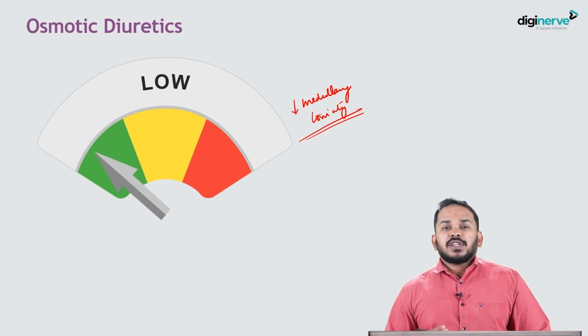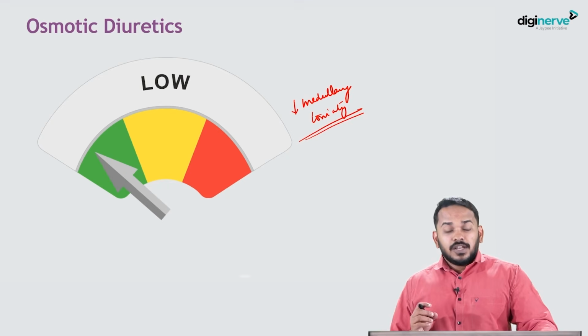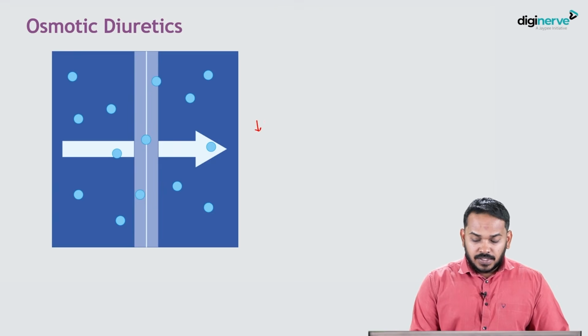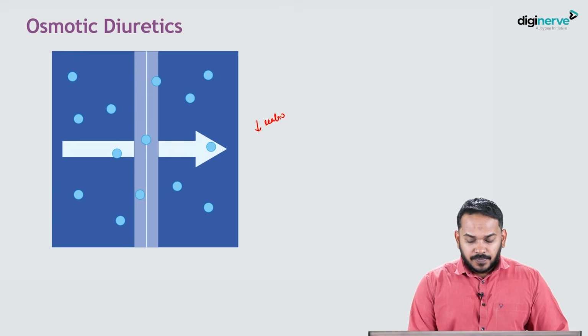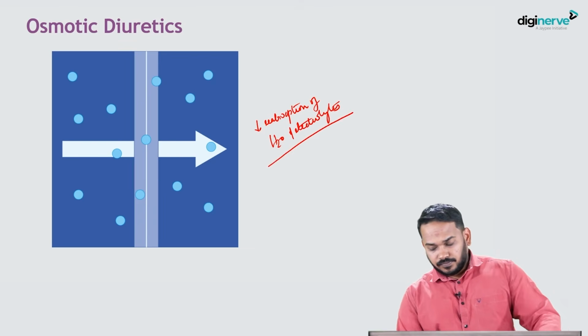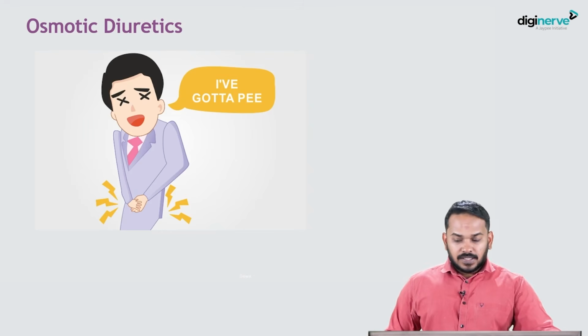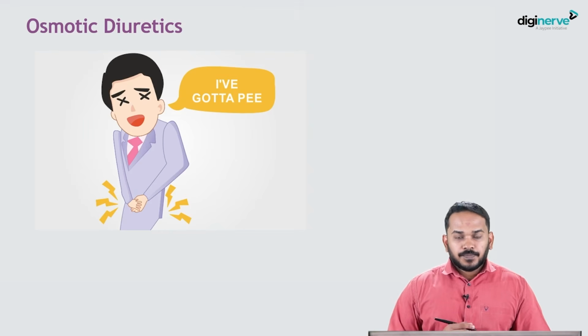So there will be reduced reabsorption of water and reduced reabsorption of solutes, and reduced secretion of urea. So the reduction in medullary tonicity will reduce reabsorption of water and electrolytes. This will result in urination.